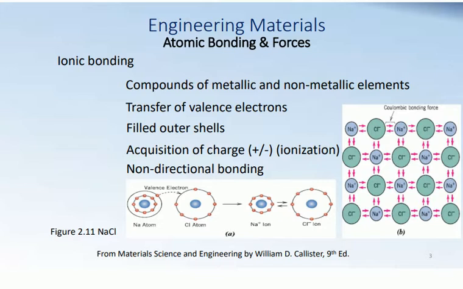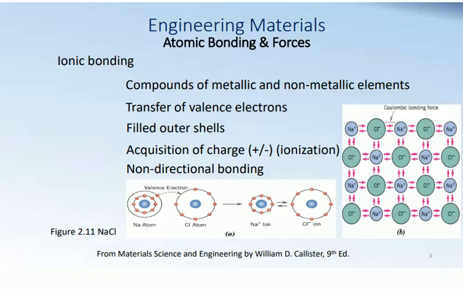This bonding is complete transfer of electrons, so this bonding is non-directional. It means in every direction we will have the same amount of bonding energy existing between these two atoms. This is why this is called non-directional bonding. It means independent of the direction they will have the effect of the bonding.